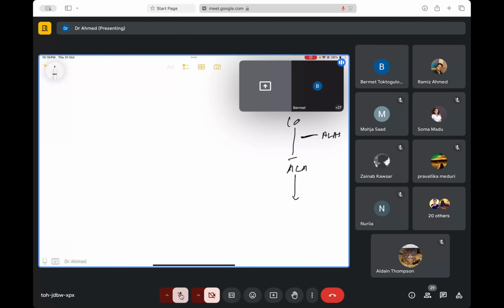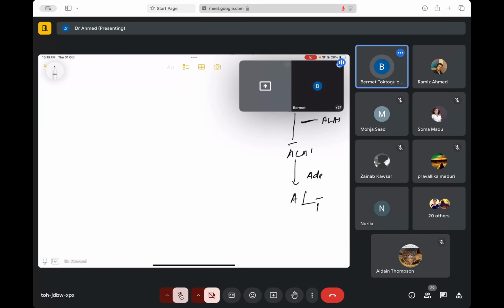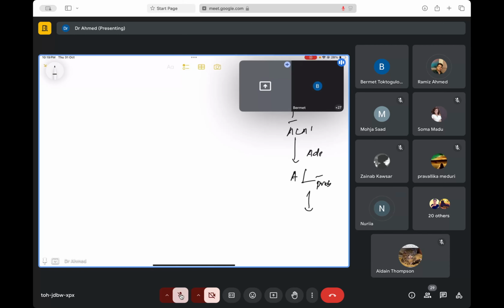Then what's the next step? ALA dehydratase, which converts it into porphobilinogen, and ultimately you are going to see protoporphyrin. You need ferrochelatase in order to attach iron to it.